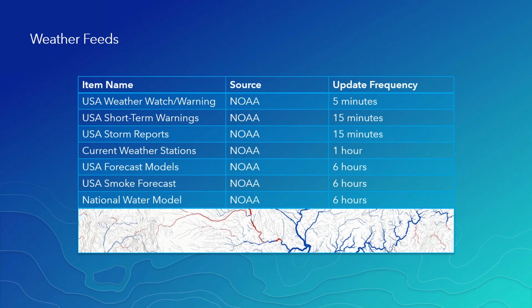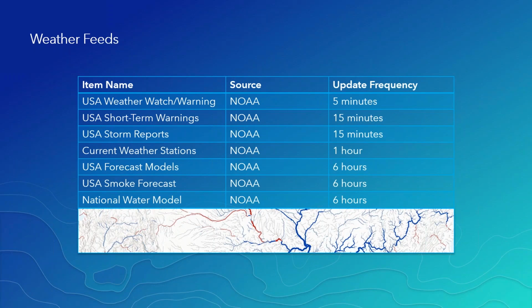The short-term warnings, so these are things like gale force winds and tornadoes and hail, the short-term events that are more severe in nature, are a subset of the USA weather watches and warnings. The storm reports that come in after the fact, here we had a hail report, here was a tornado report, and we have those individual points. And you can see on the right hand how often these services update into the maps that we provide.